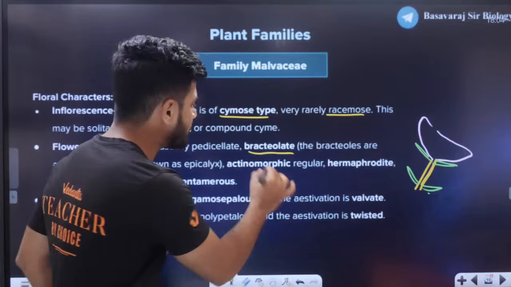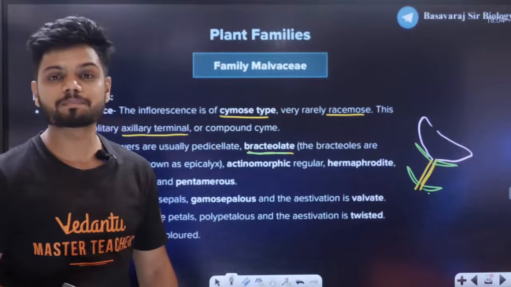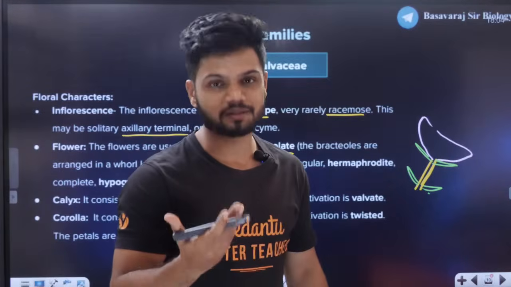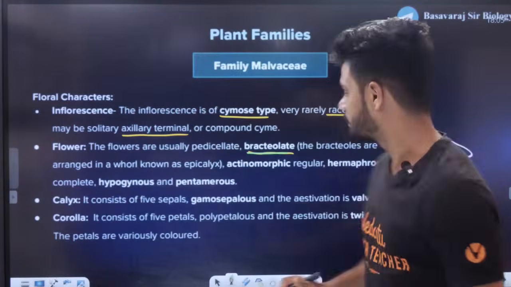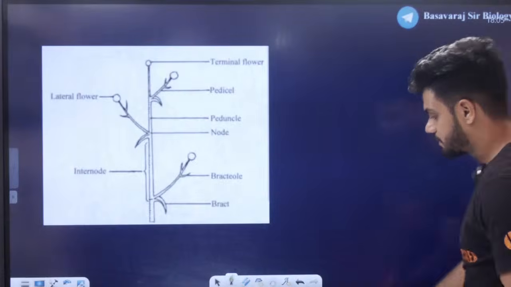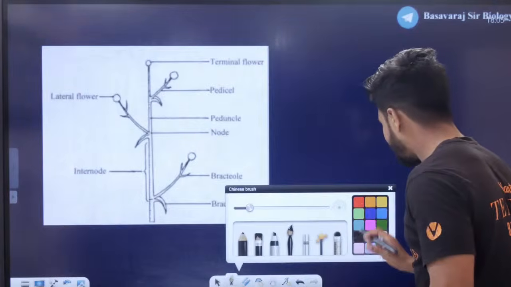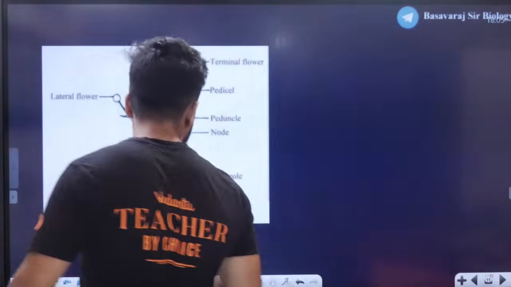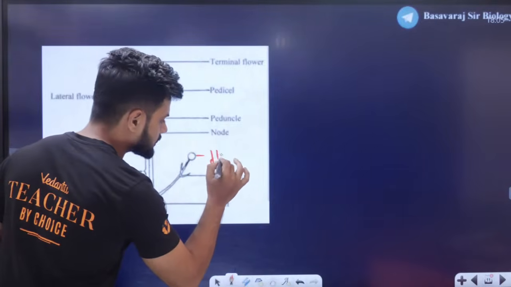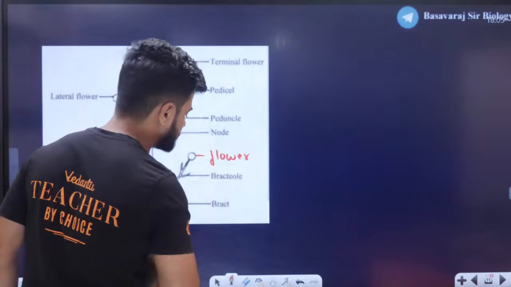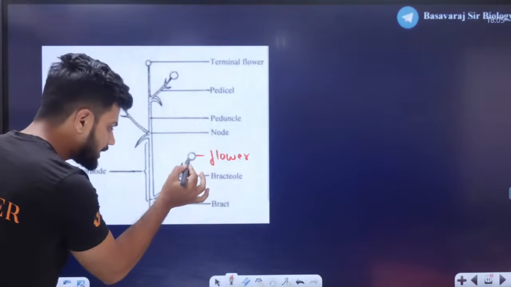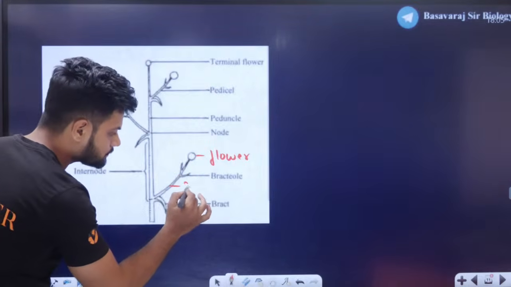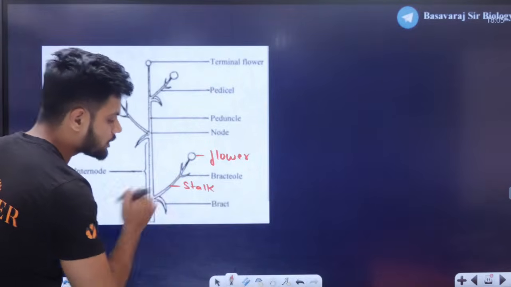Then what is bracteolate? Bigger brother or younger brother? I'll show you a diagram and teach you. Students, if this is a flower right here, all of you look at this. This is the stalk, also called pedicel.